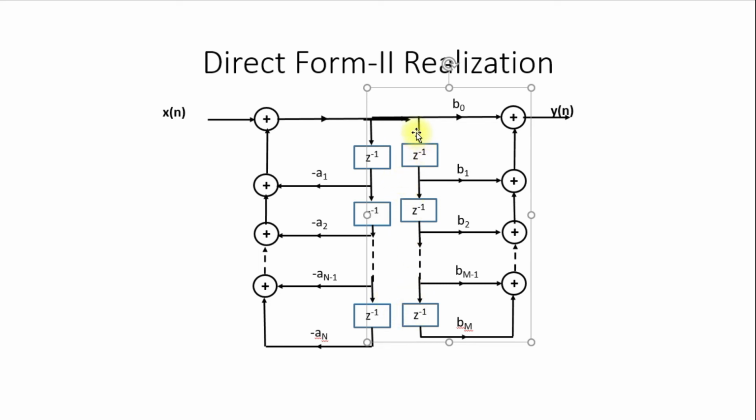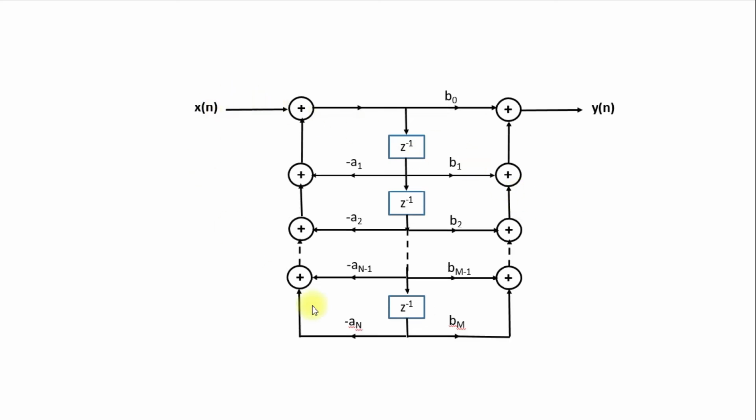So half of the delay elements or memory locations we can save in the direct form 2 realization structure. We can merge these two delay elements into one, so that we get the final direct form 2 realization like this. So this is the standard structure for the realization of direct form 2.